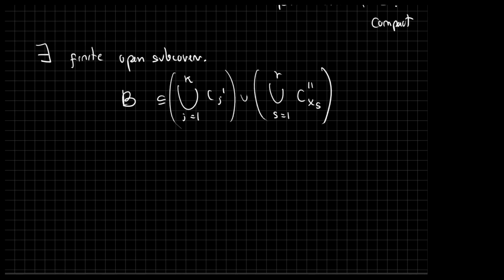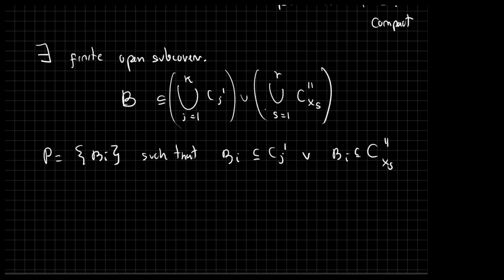Now we define a partition, let's say some partition like this, such that each subblock is included either here or in one of these sets. Could it be included in both of them?